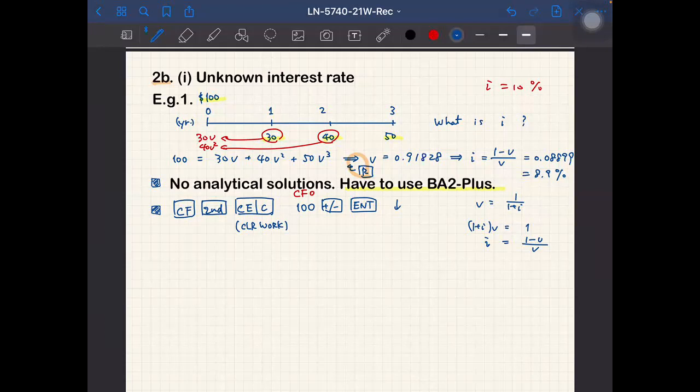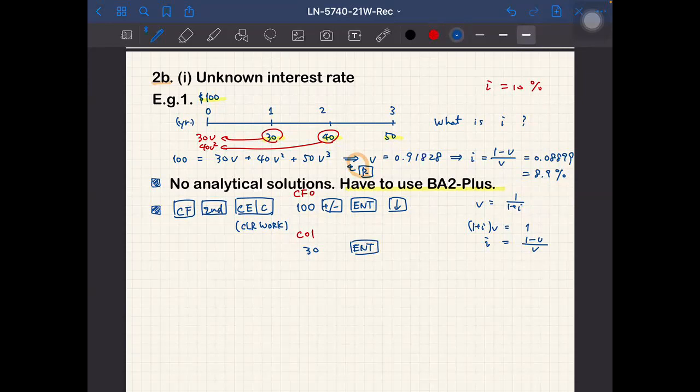Then you see C01. C01 is cash flow at time 1. And you can input 30 here because we have a $30 payment. This time positive, and we have to press enter. So 30 enter.